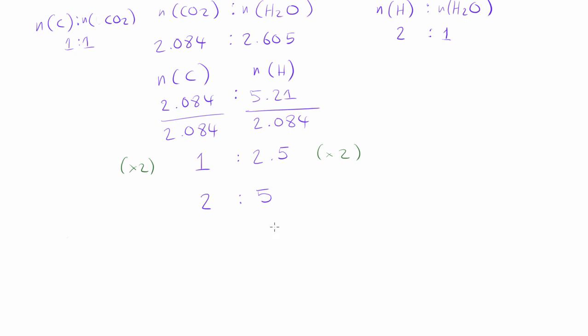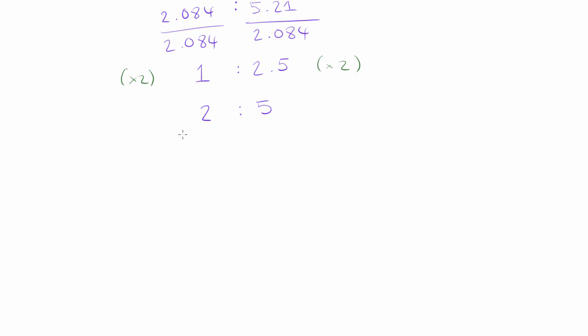Now the question again arises, is this now our simplest whole number ratio? And yes, we now have the simplest whole number ratio, but as you saw, we had to scale it up by multiplying by 2 in order to get there, right? So for carbon, in the empirical formula, the coefficient would be a 2, and when we compare it to the hydrogen, the coefficient for the hydrogen is going to be a 5, right?